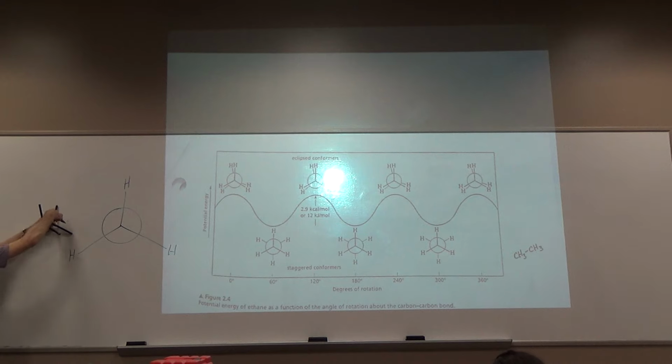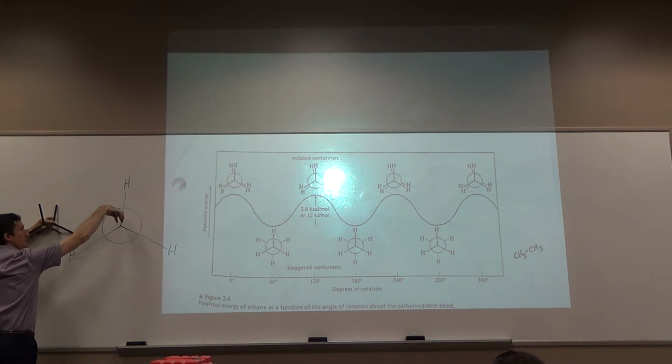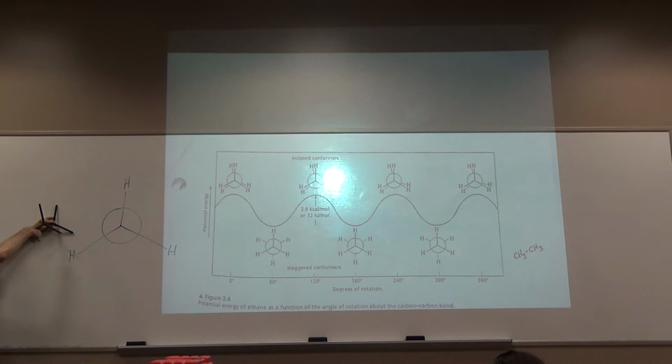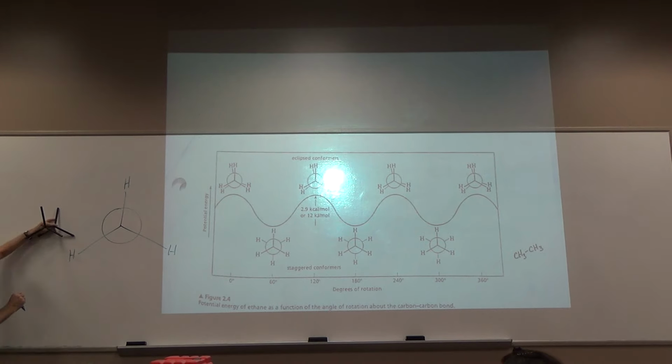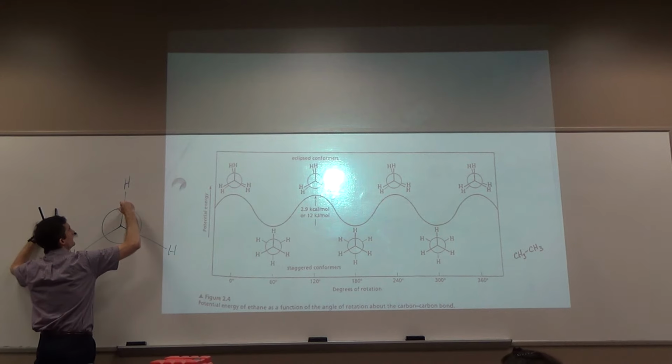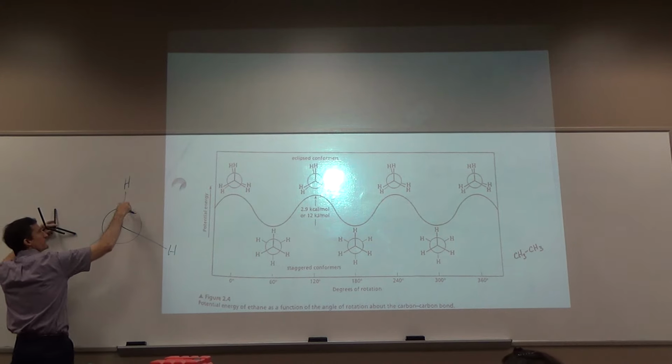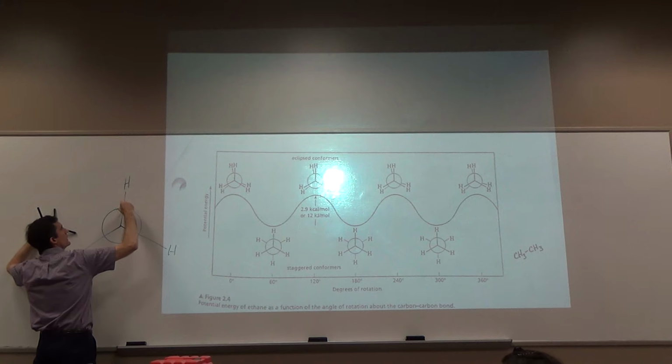Now the back carbon, which is behind this circle. The circle means you can't see behind it, but you can see this H coming straight up. Now, it's really right behind that H, and you're not supposed to be able to see it. But we draw it just a little bit to the side, and we draw it coming out from the edge of the circle.